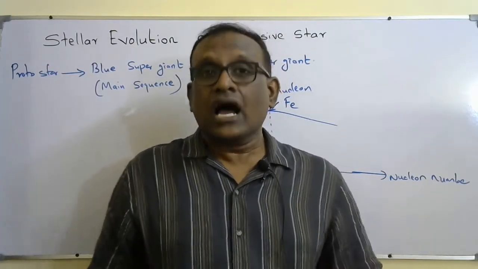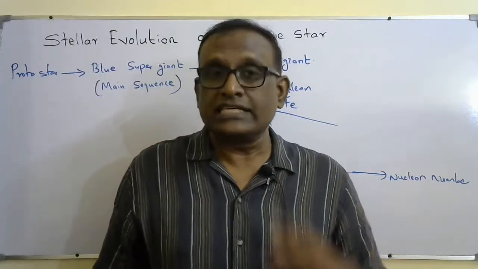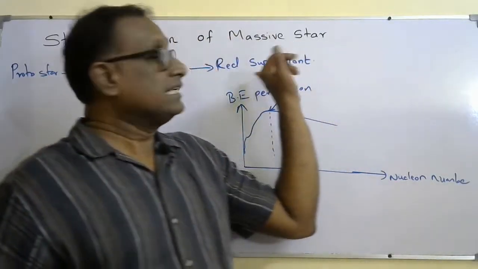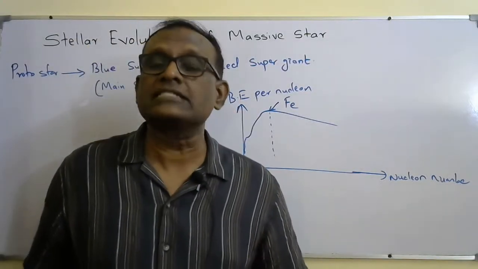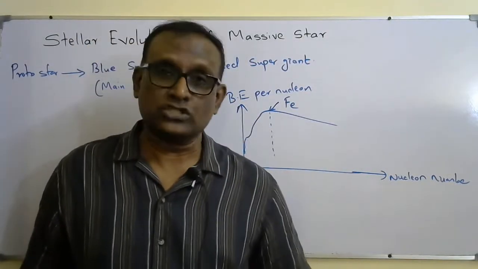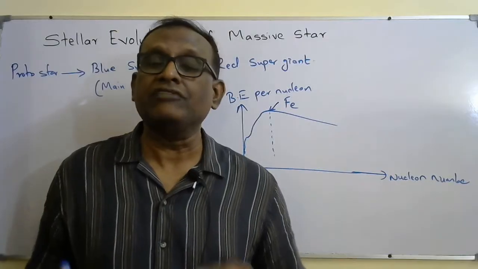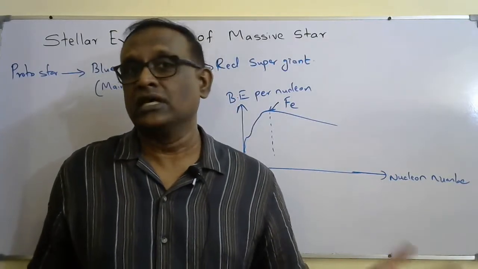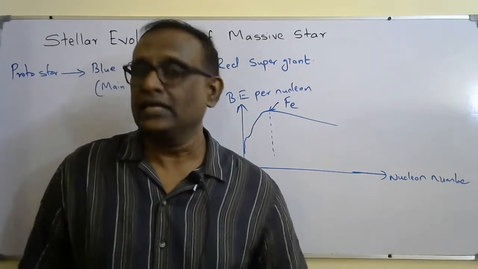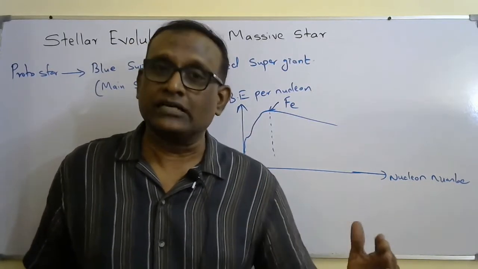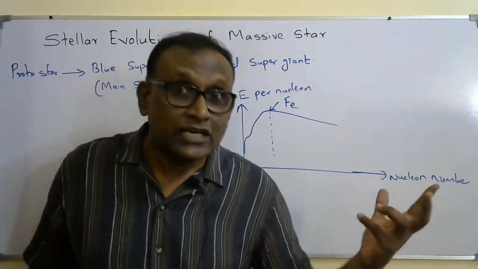So iron cannot be fused inside the core of the red supergiant. When iron is formed inside the core, there won't be any further fusion reaction, because iron cannot be fused at that particular temperature. It's not possible because the outcome is unstable, so energy will not be released.